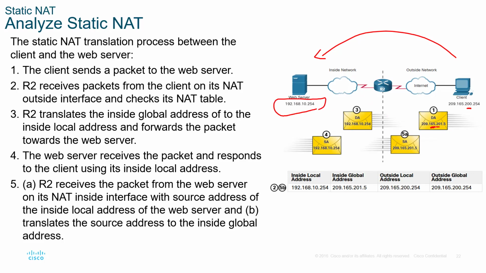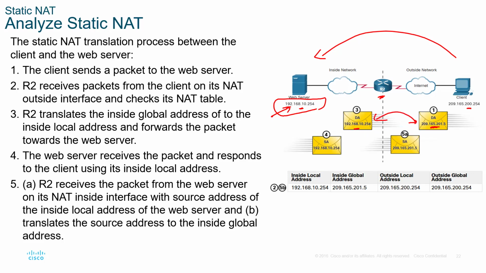This is our destination address. 209.165.201.5 is the public IP address of our destination. It's not this address which is here. It's the public IP address. So that's step 1. Step 3, I think that's our destination address now translated. So this one translates this address to this one.